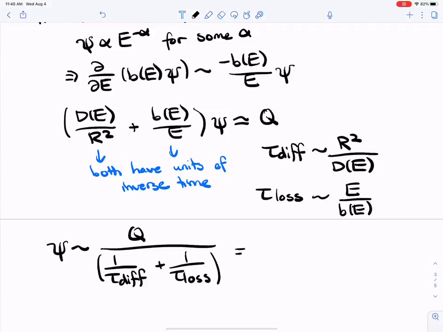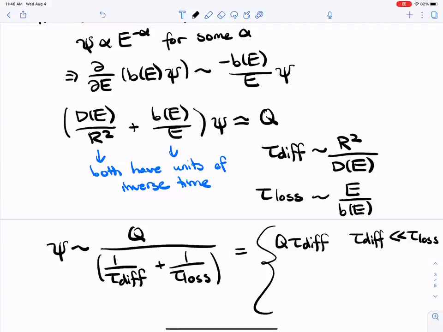Roughly speaking, there are two regimes. If the timescale for diffusion is much shorter than the timescale for losses, then this is completely dominated by the 1 over tau diff term, and I just get Q times tau diff. If the opposite is true, then I'm basically replacing the source term Q by the typical timescale for loss.